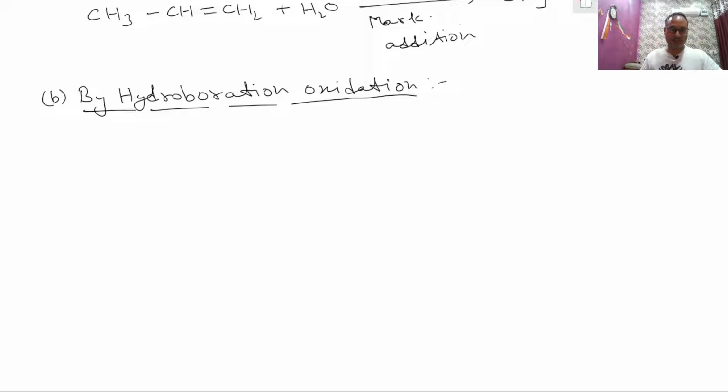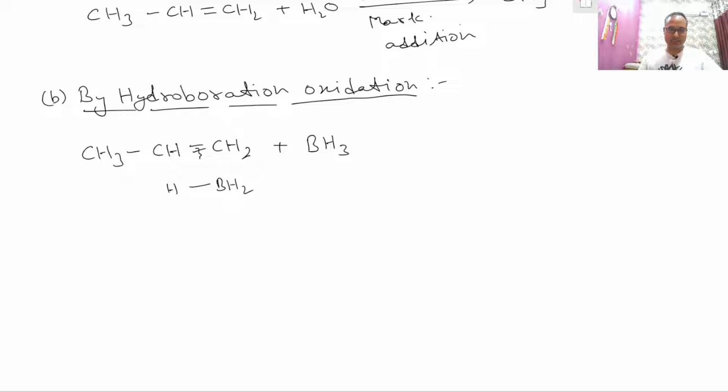Let us start our reaction with propene, CH3 CH double bond CH2, and first react it with BH3 for the process of hydroboration. So how is BH3 going to add into it? It will be adding like this. We can write BH3 like this. So from here this double bond gets broken down. From here the cleavage of the boron hydrogen bond takes place and the addition of hydrogen will be there on this CH and BH2 on this CH2.